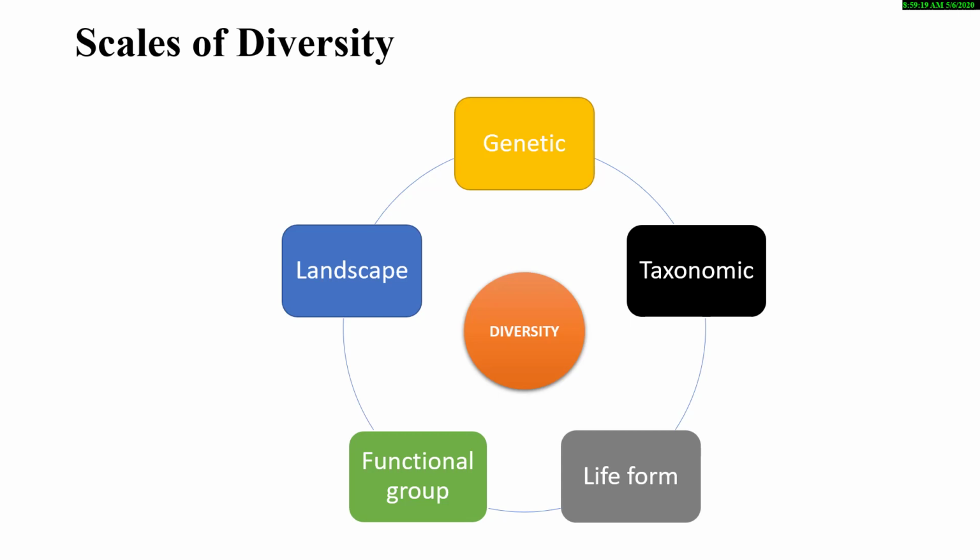We have evergreen species. We have soil crust species. These categories of species have different functional roles within the ecosystem. What is it about the landscape? For landscape, we are looking at the spatial patterns of vegetation at the landscape level.